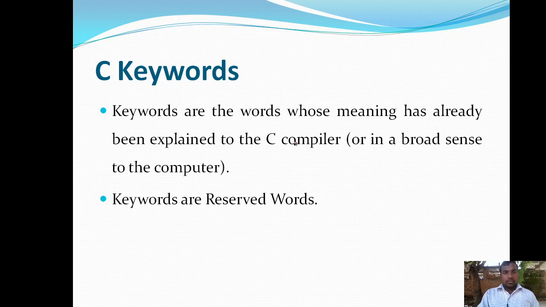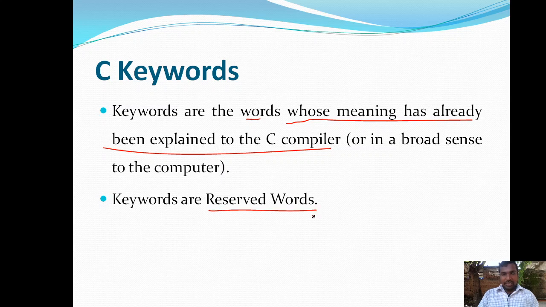So here, the C keywords are the words whose meaning has already been explained to the C compiler. Keywords are nothing but the words whose meaning has already been explained to the C compiler. In another case, we call these keywords reserved words.